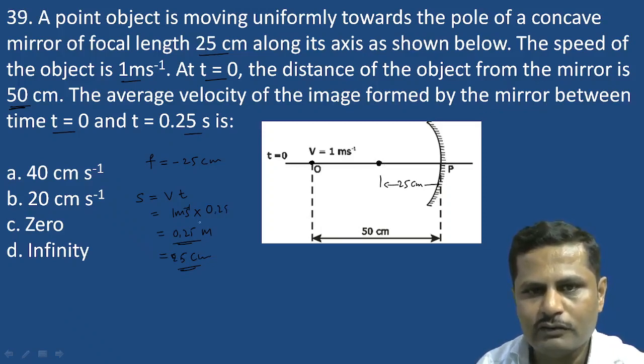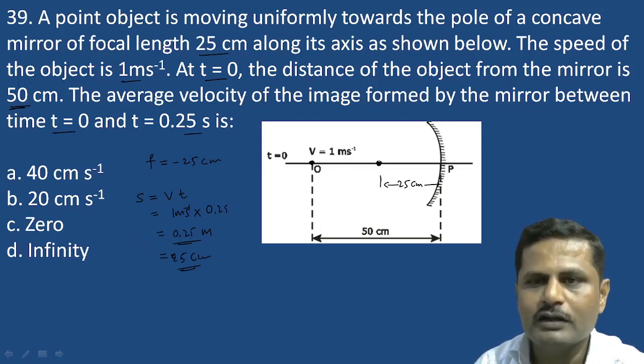Now after 0.25 second, the object is at focus. If the object is at focus, we know that the image will be formed at infinity. The distance traveled by the image will be infinity.